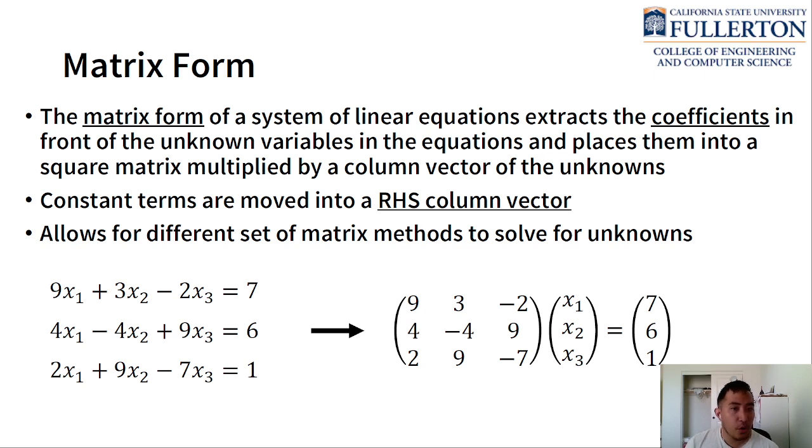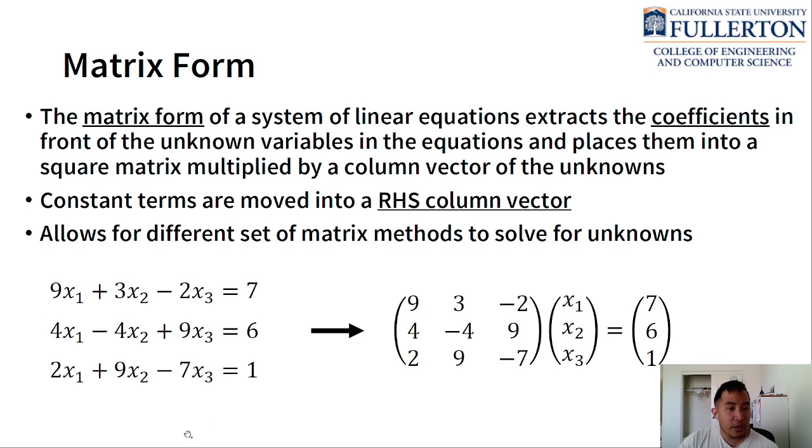We can take any system of linear equations and turn it into a matrix form. What that means basically is that we take all the coefficients in front of the unknown variables and extract them into a matrix right here. Then everything that's left over, basically anything that's not multiplied by an unknown, we move to the other side of the equation, and we call that the right-hand side vector.